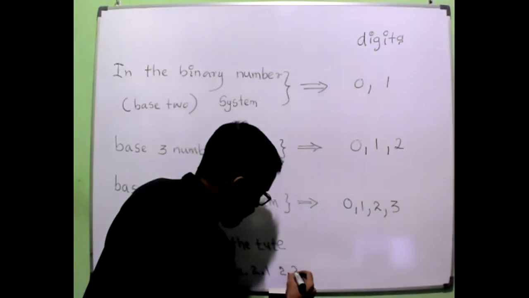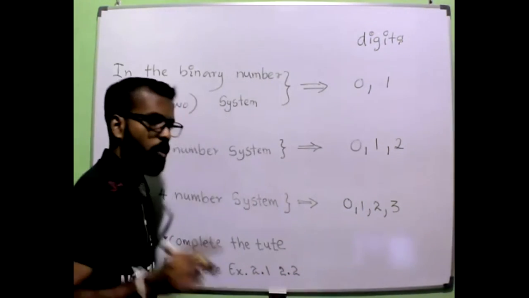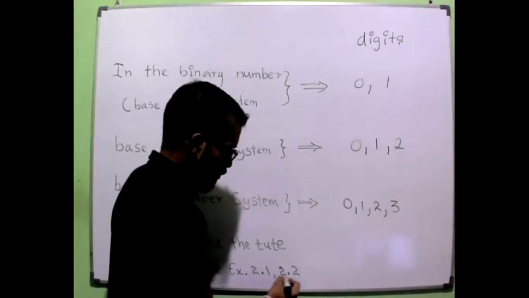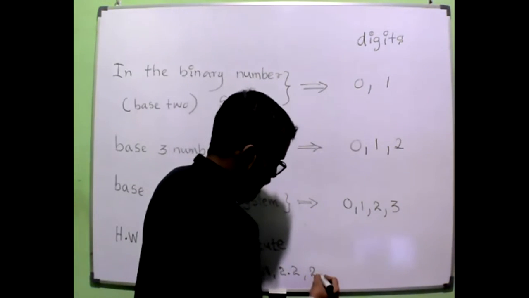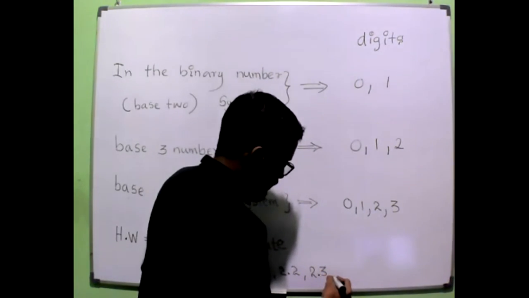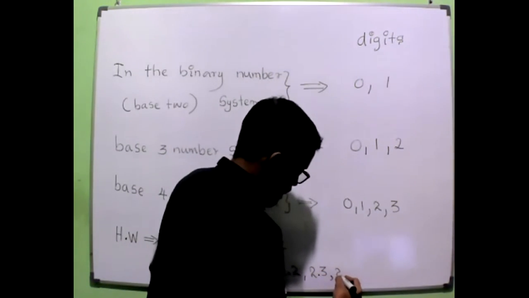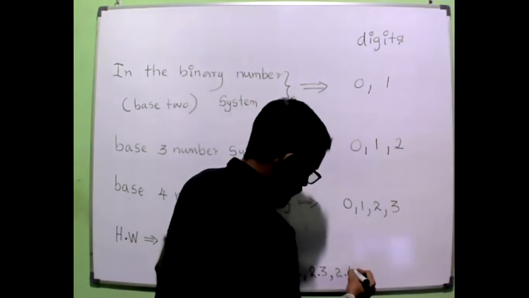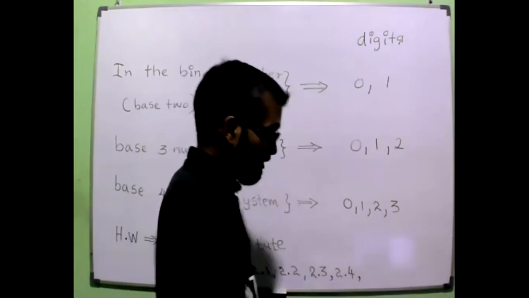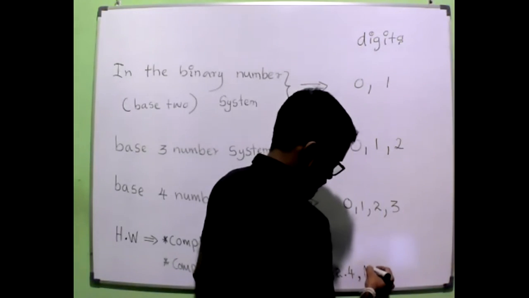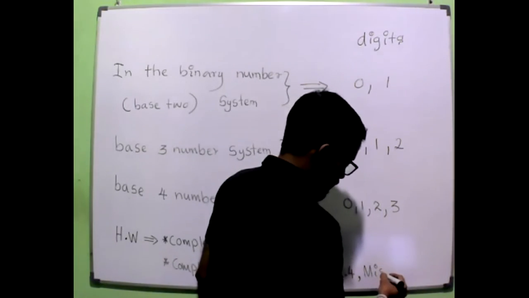If you did not do 2.1 and 2.2, you have to definitely do 2.2, 2.3, 2.4, and the last exercise, the miscellaneous exercise.